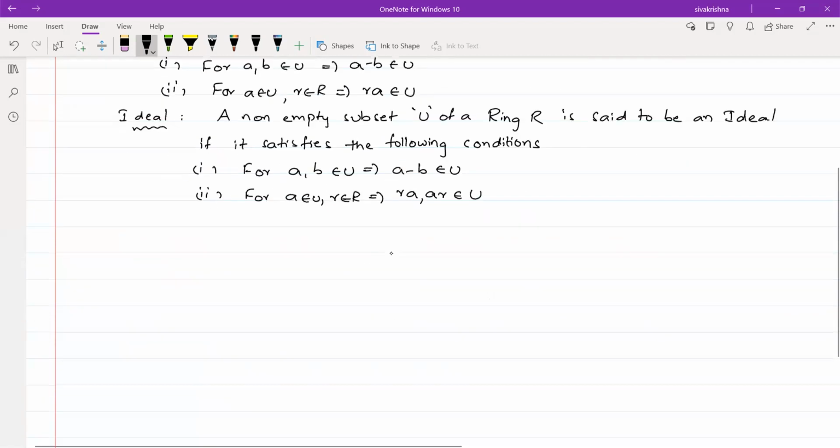So here we are having some note points. So coming to note 1.